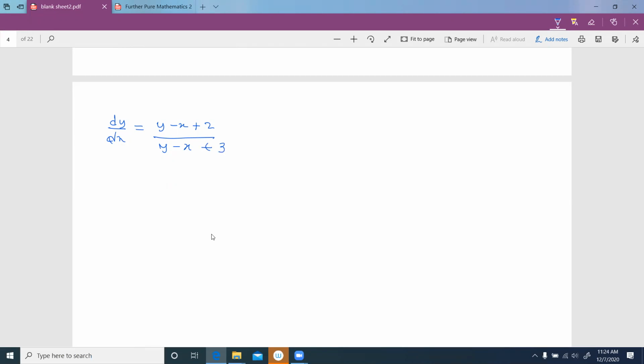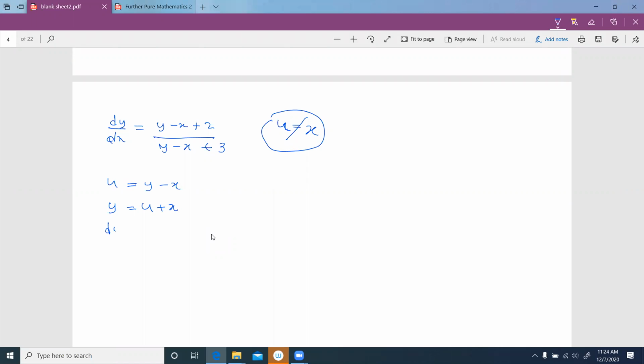You need the equation in terms of u and x. Then how are we supposed to do this question? They have given the substitution u is equal to y minus x. So initially, I'll find some expression: from here you can write y equals u plus x, right?